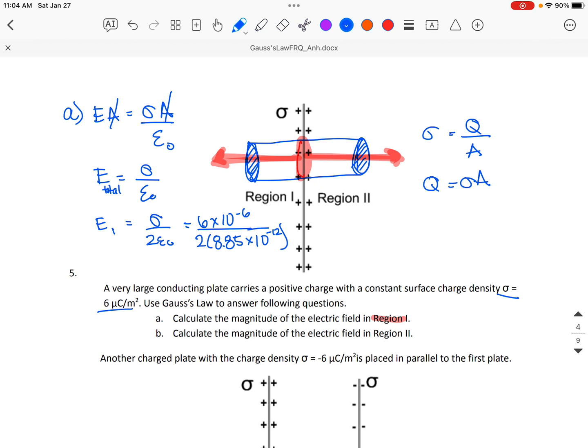And when you calculate that out, I'll write it here, E1 is 339,000 newtons per coulomb. The magnitude of the electric field in region 2 is going to be the same because it's the other half of the total electric field. So I would do the exact same calculation, which just gives me 339,000.